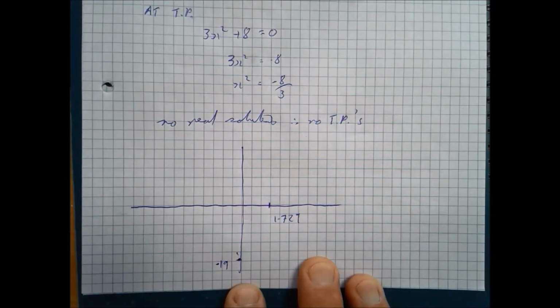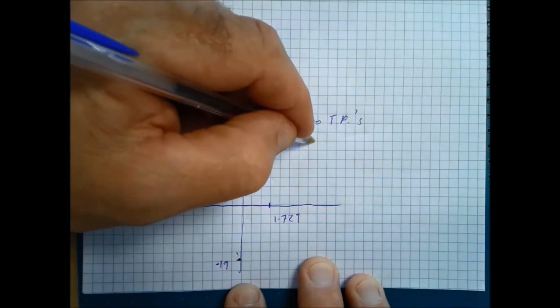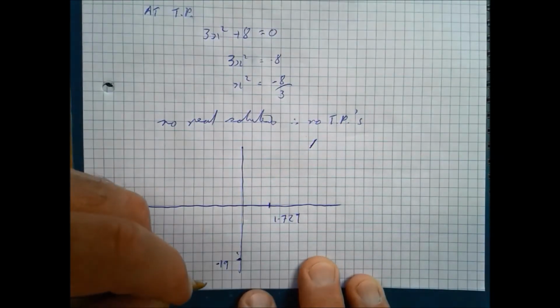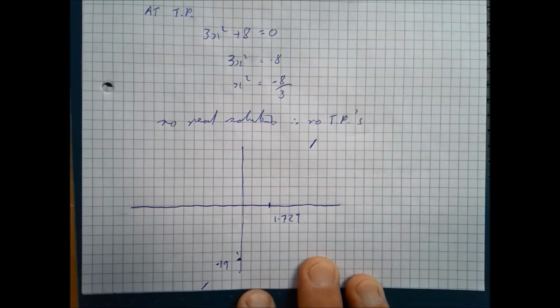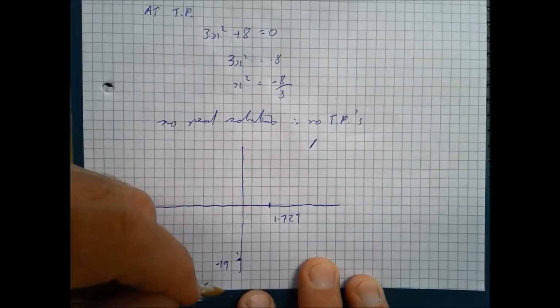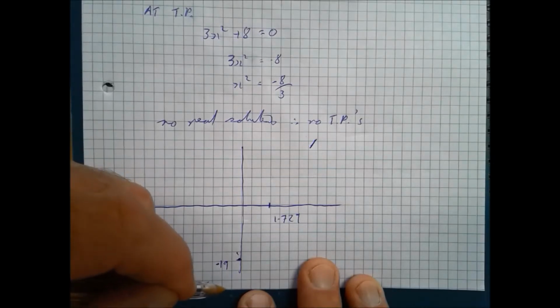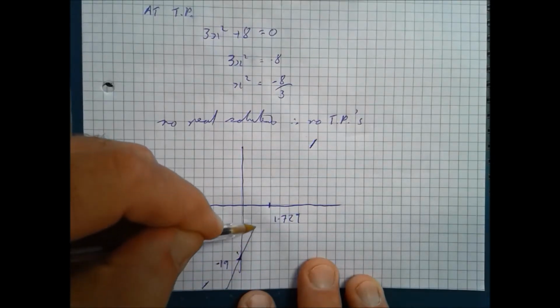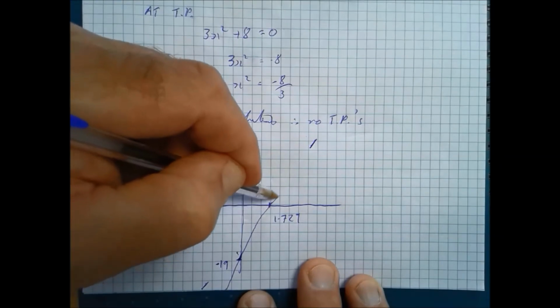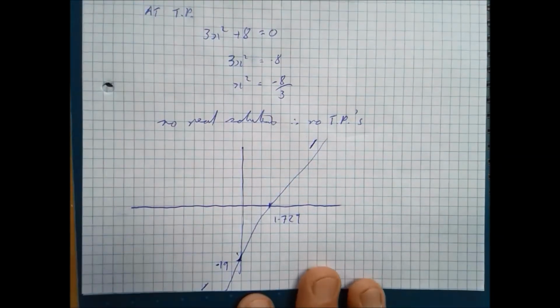It's a positive cubic, so we know it heads off up here, and we know it heads off down here. Basically, what's it going to look like? Well, we don't know exactly what it looks like, but there are no turning points, and we've got a lot of information together. Going to look something like that.